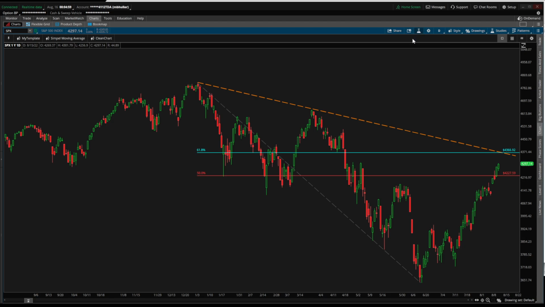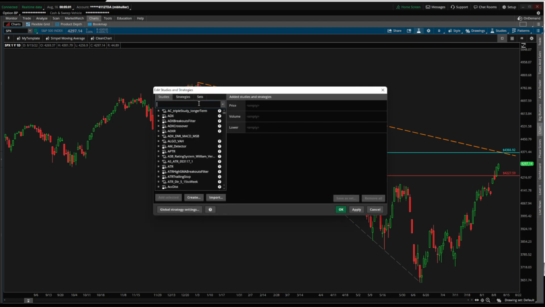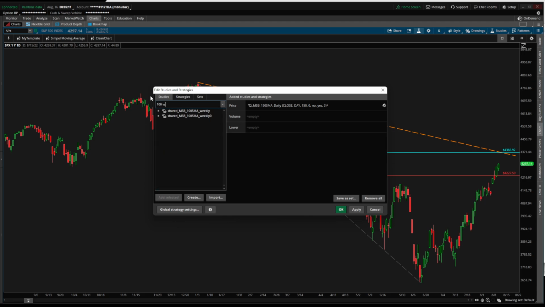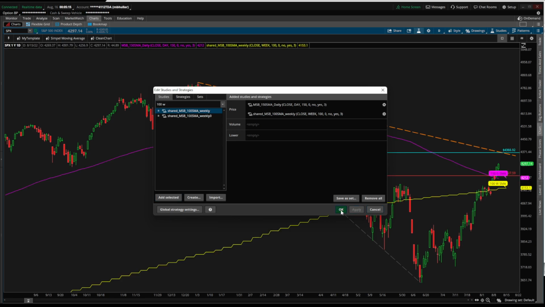We can also throw in a couple of moving averages. The one I like is the 150 simple moving average, and the other one that I like is the 100 period weekly simple moving average as well. So I'm going to add those two.